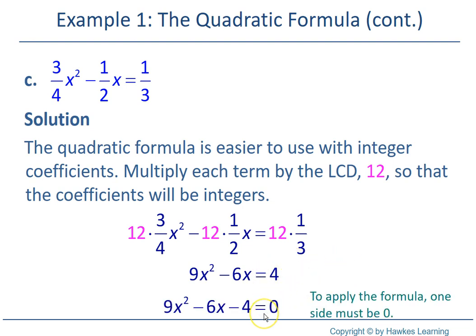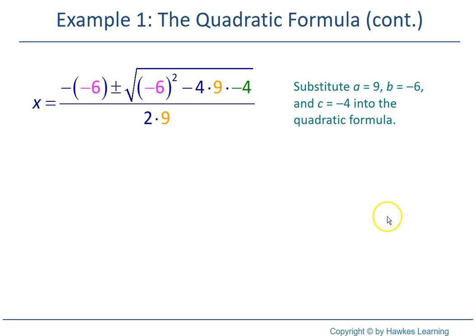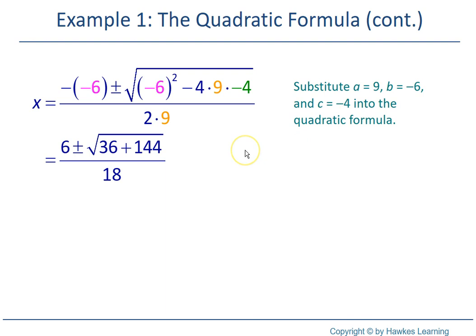Okay, they're showing that here. And now, once you've identified your A, B, and C, you put it into the quadratic formula. There they're showing them up here. Your C is a negative 4. That's correct. So you get your values, do your multiplication, expand this.